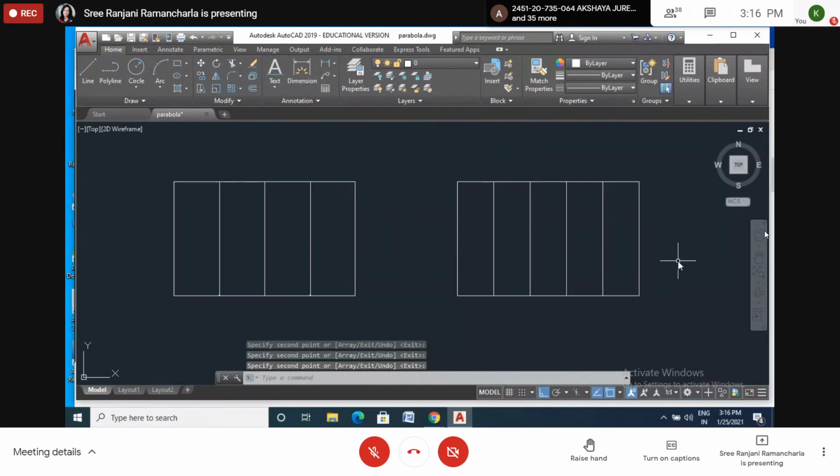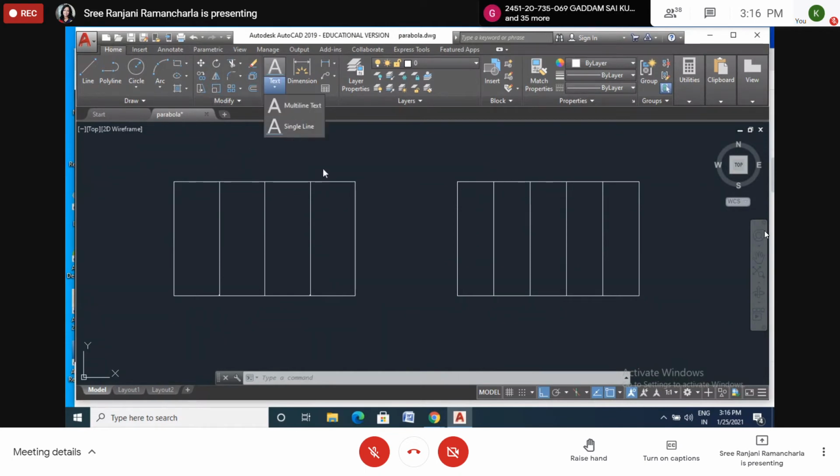This is also correct. Now my question is, here I divided into 4 parts. So how many subdivisions are there? 5. Yes, 5. Please don't get confused.